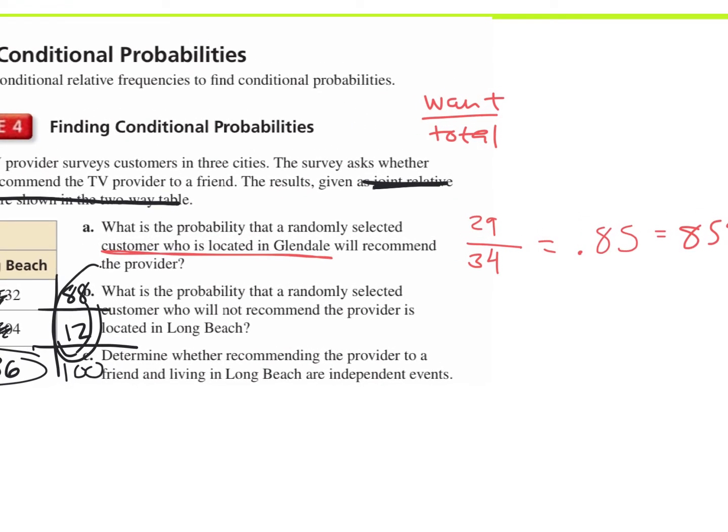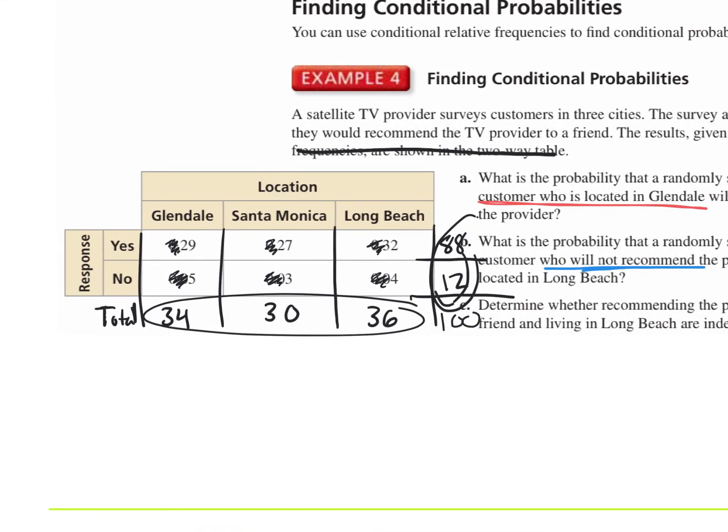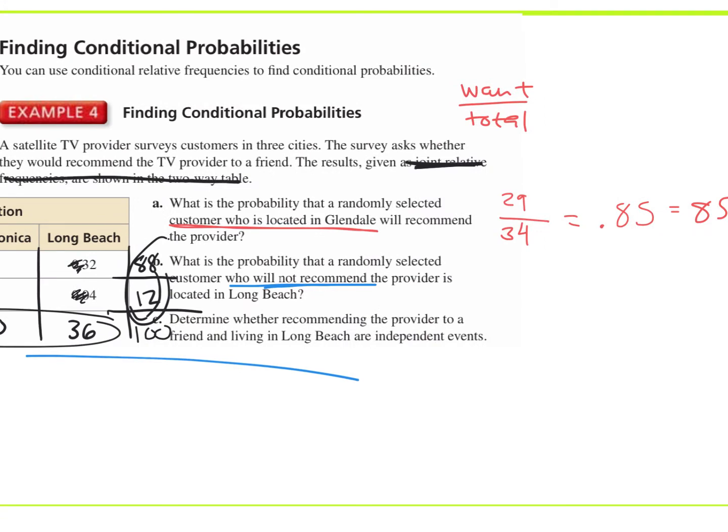Let's look at B. What is the probability that a randomly selected customer who will not recommend the provider is located in Long Beach? So we need to see how many people do not recommend the provider. What's the total that do not recommend? 12. And of those 12, how many live in Long Beach?